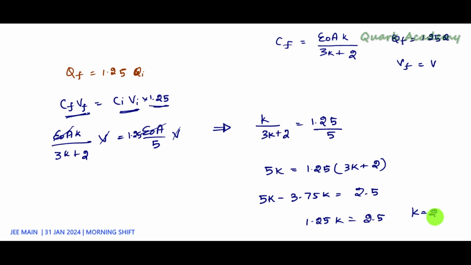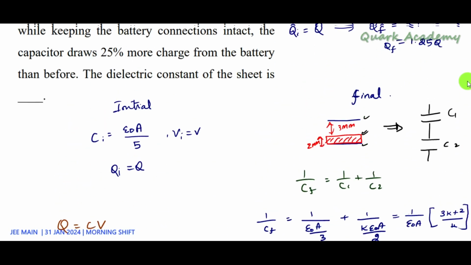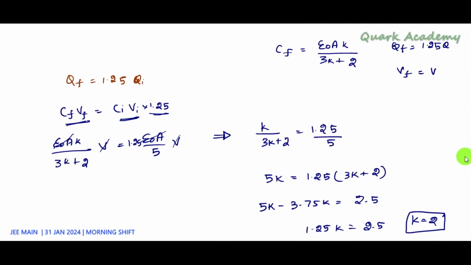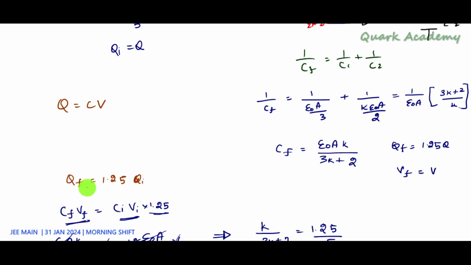So K equal to 2. So the dielectric constant of the sheet, K, is equal to 2. Here the key idea is we are equating the charges by finding the capacitance.